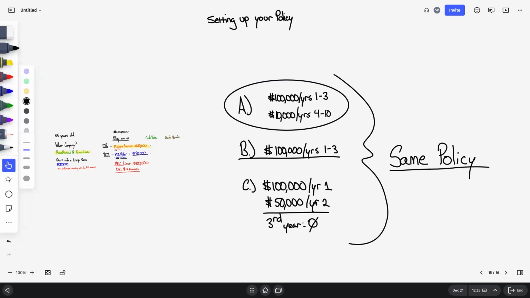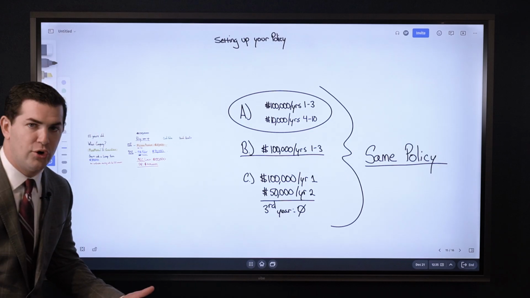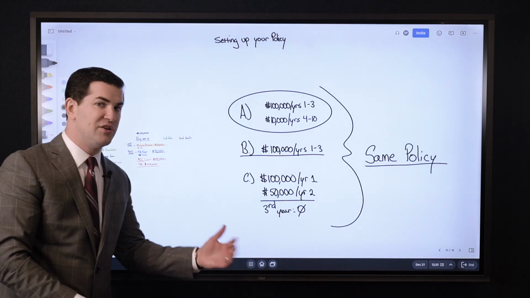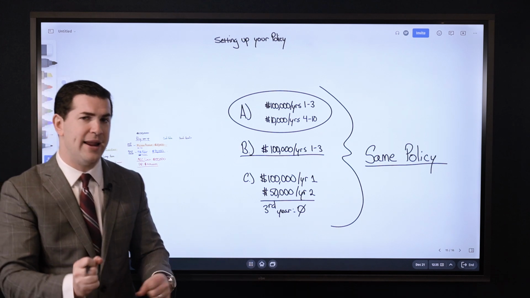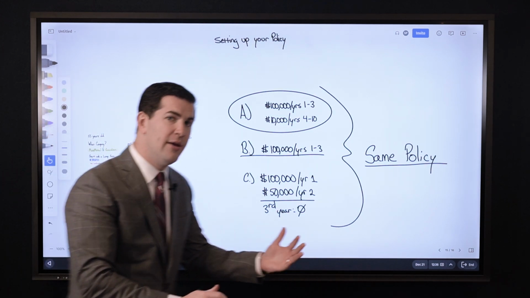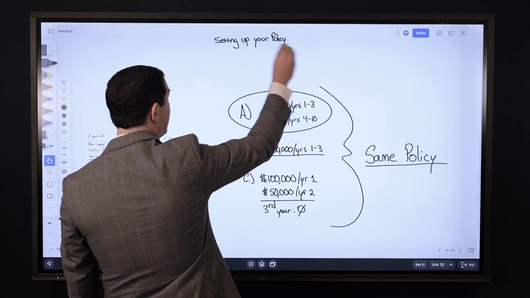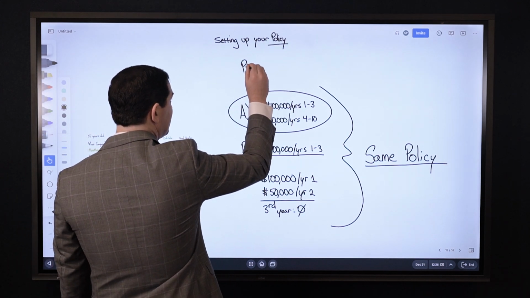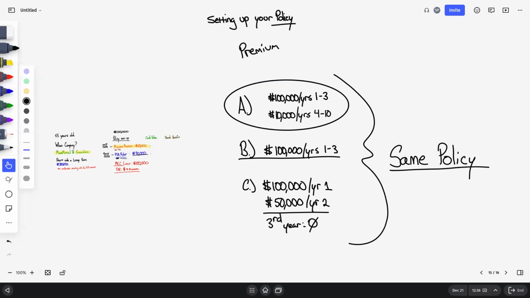Or life happens in year 2. You can fund half the amount you thought you could, and then nothing thereafter. It's meant to demonstrate the pivots you can make after starting a policy, because a lot of times when we hear about whole life insurance, we think fixed premium, that I have to pay the same amount for a long period of time, which you do not have to. You can set a policy up to be very flexible, which is nice.